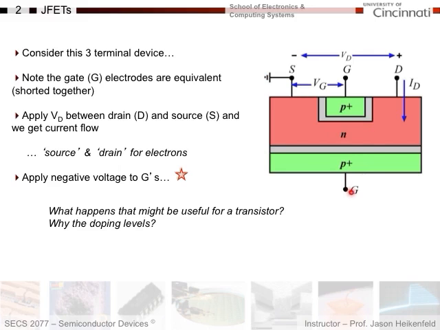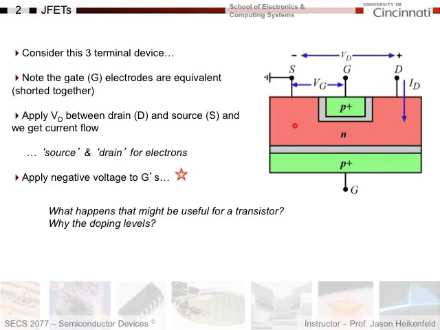So I could then use gate voltage to modulate the current flow through the channel, basically achieving transistor action, because it doesn't take a whole lot of current or voltage to modulate a large change in current flow through the channels.